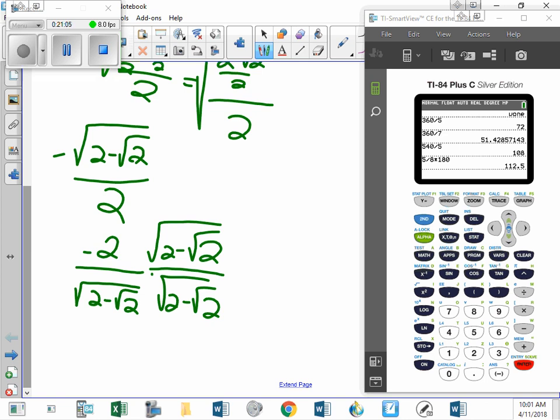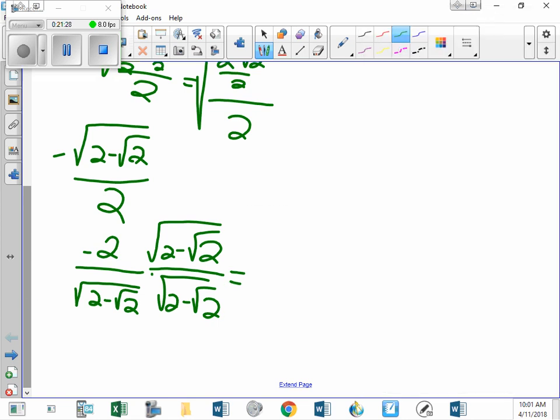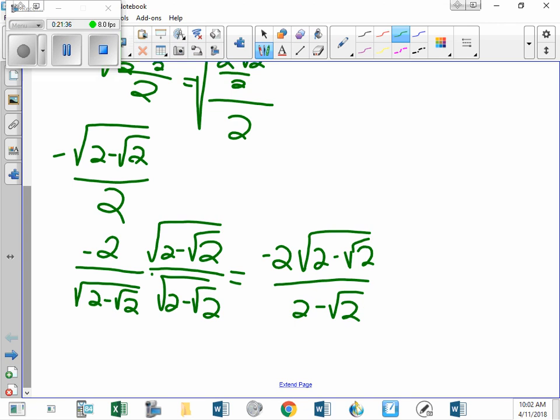That gets rid of the first square root. Yes. This is a hard problem. Okay. So does everybody understand why I did this? This will get rid of the big square root. And it leaves a nasty answer. So negative 2 square root of 2 minus root 2 over 2 minus root 2.